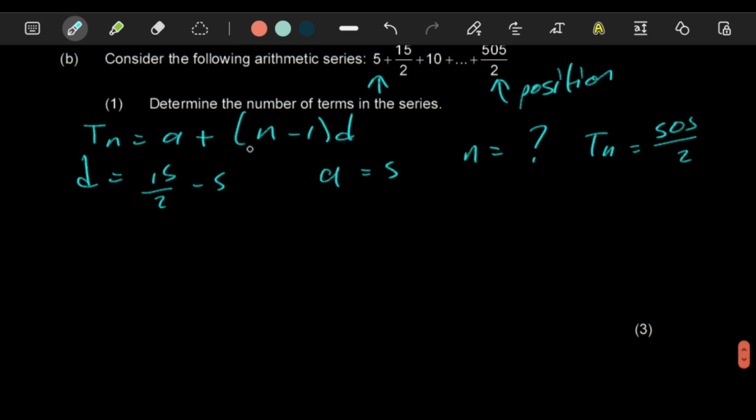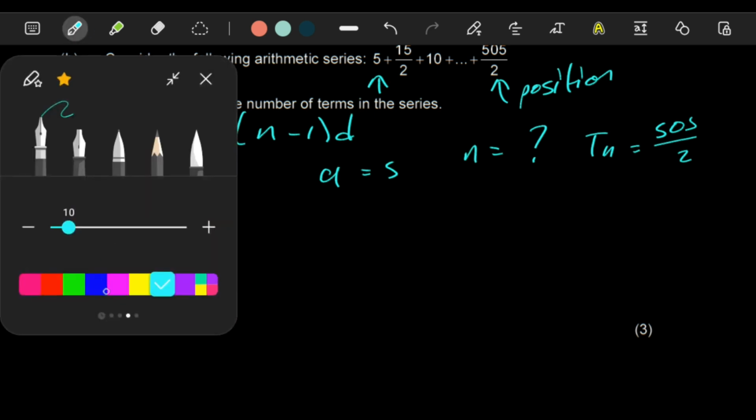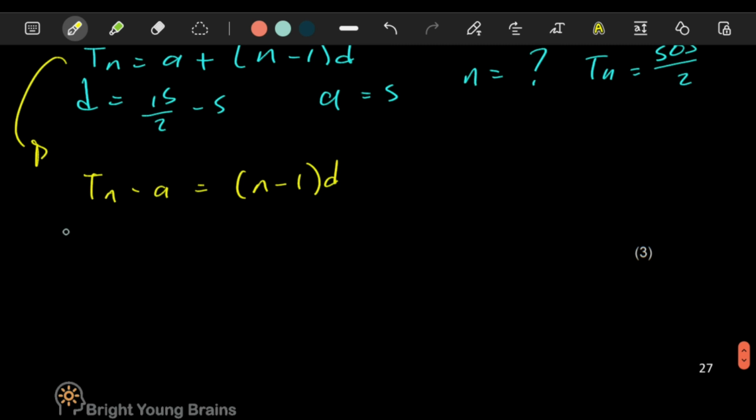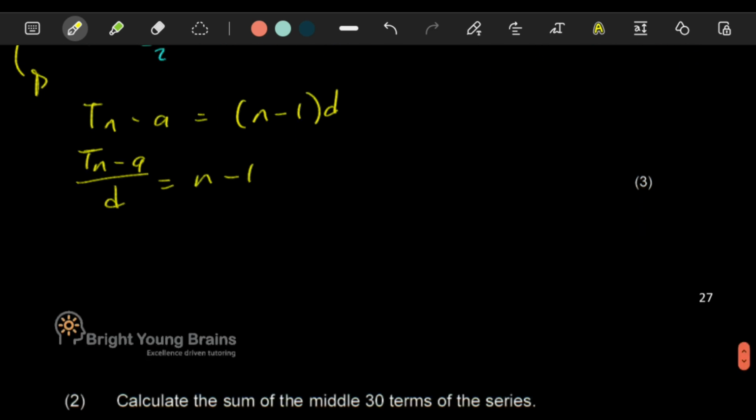So working out n, you can make n the subject of the formula: n equals (Tn minus a) over d, plus 1.